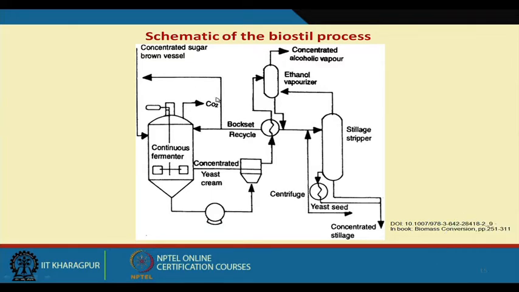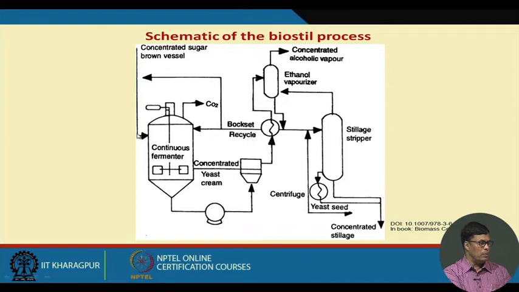Now, schematically this can be explained like this. This is a continuous CSTR process. You can see this is the starter and this is your sugar you are putting inside the system, and continuously it produces carbon dioxide, and then it passes through the centrifuge.